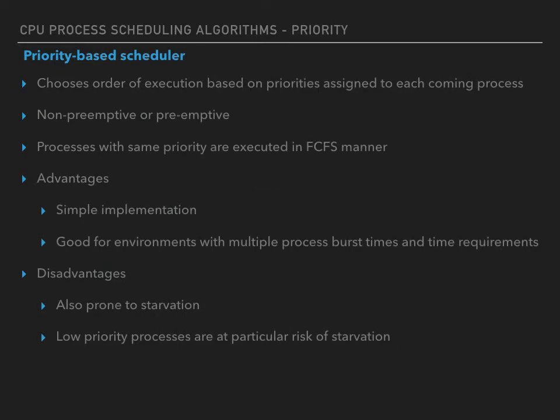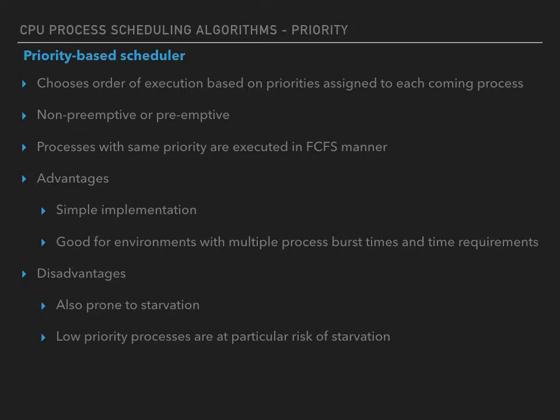Another non-preemptive or preemptive algorithm is the priority-based scheduler. This chooses the order of execution based on priorities that are assigned to each incoming process. Processes with the same priority are executed in a first-come, first-served manner.